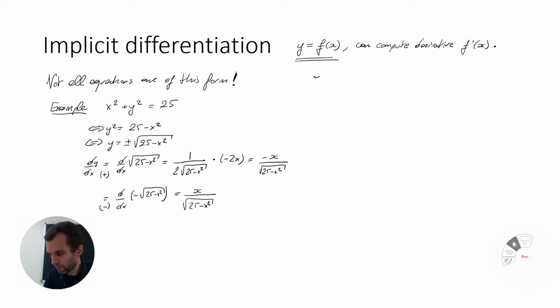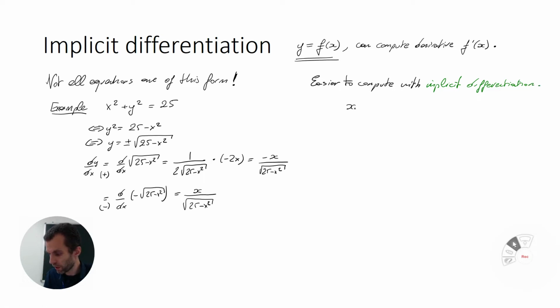So this is easier to compute with implicit differentiation. And what is it? It's a very easy trick.